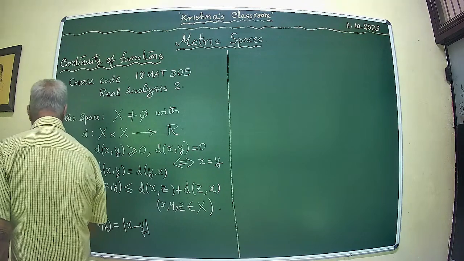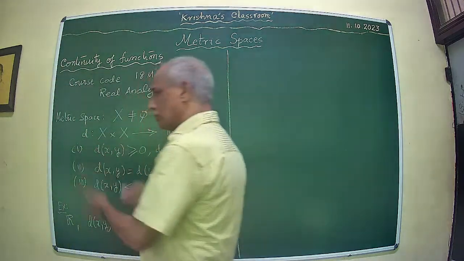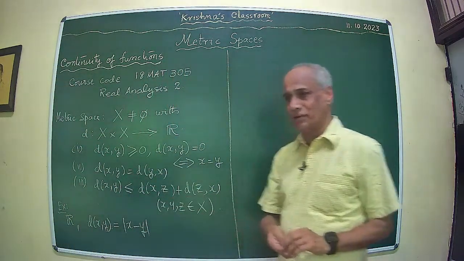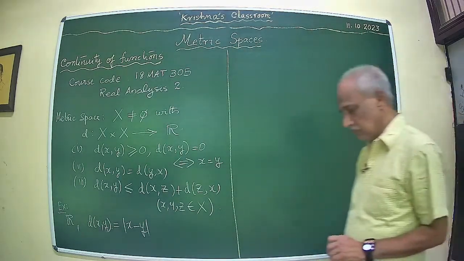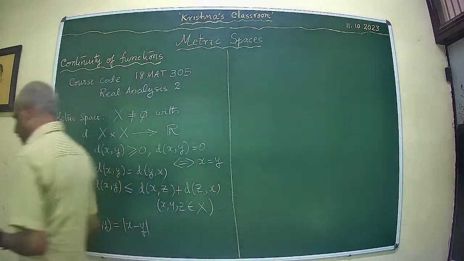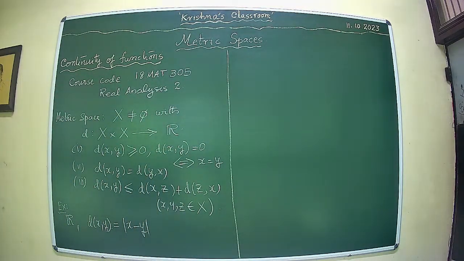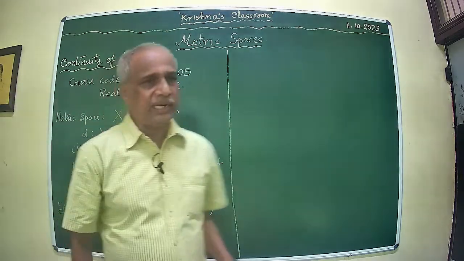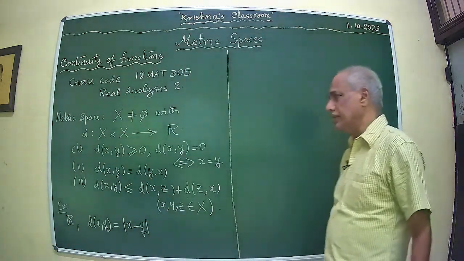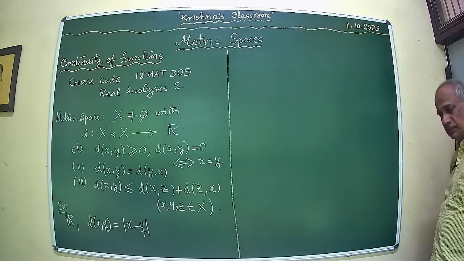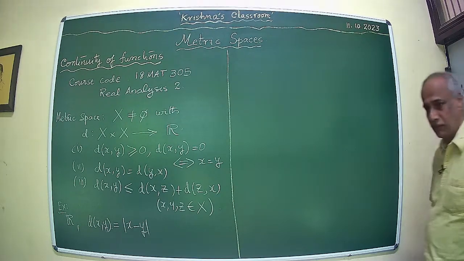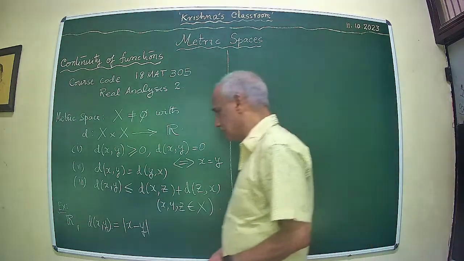In fact, everything has come out of the experience of working on R and generalizing it. But there could be some very curious types of metrics, and usually when you want to formulate a problem mathematically, you choose the right kind of metric that suits the problem. That's the general technique.